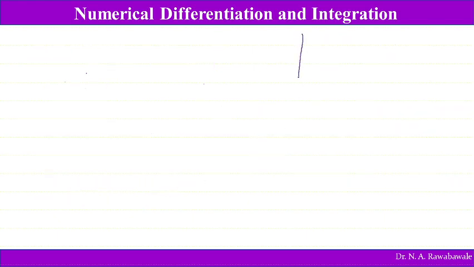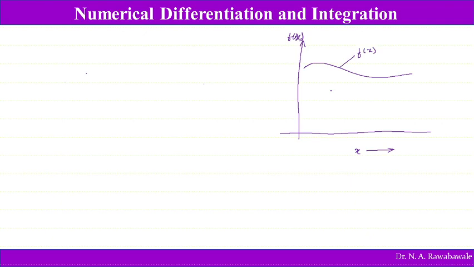Let us consider, on the x-axis we take the independent variable x, on the y-axis we take f of x, and we have one polynomial, f of x, plotted on the graph.